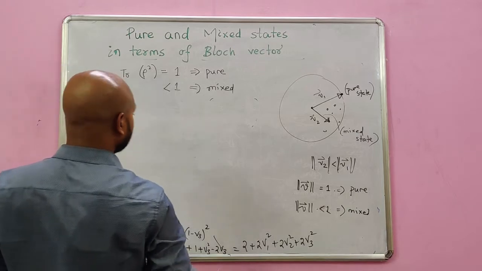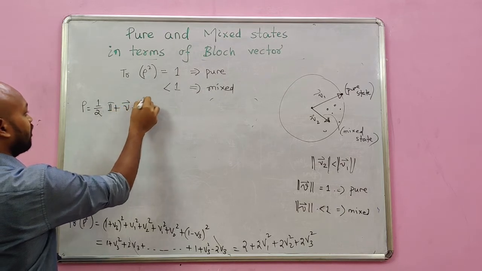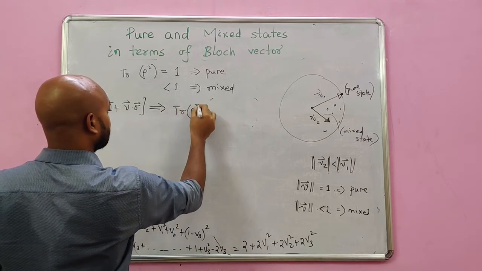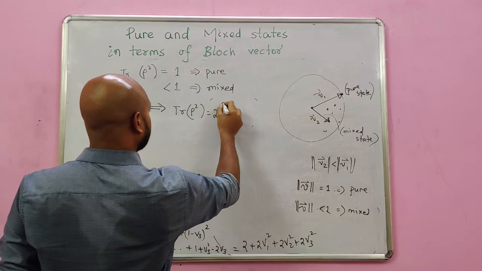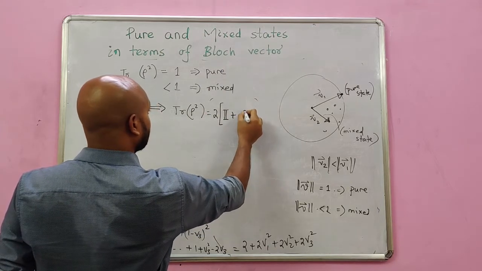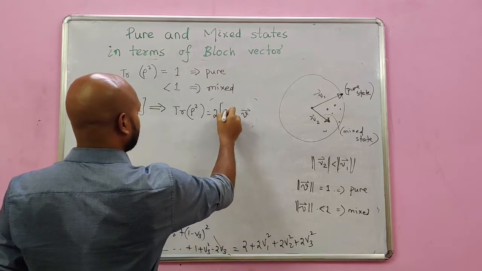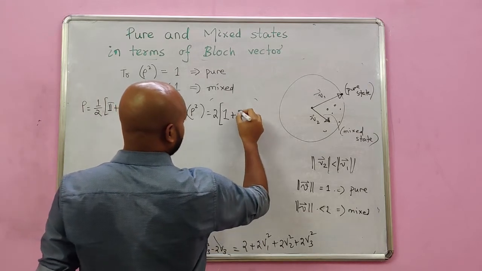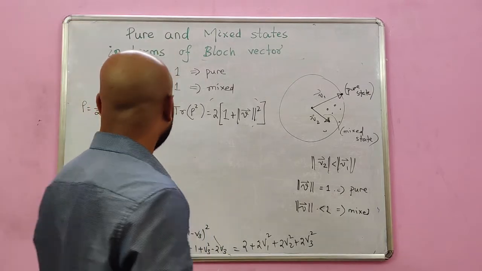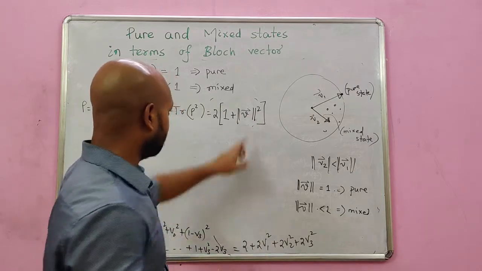If rho is half of identity plus V sigma, then the trace of rho square is 2 times, sorry, not identity, 1 plus V1 square plus V2 square plus V3 square, which is nothing but V mod square.